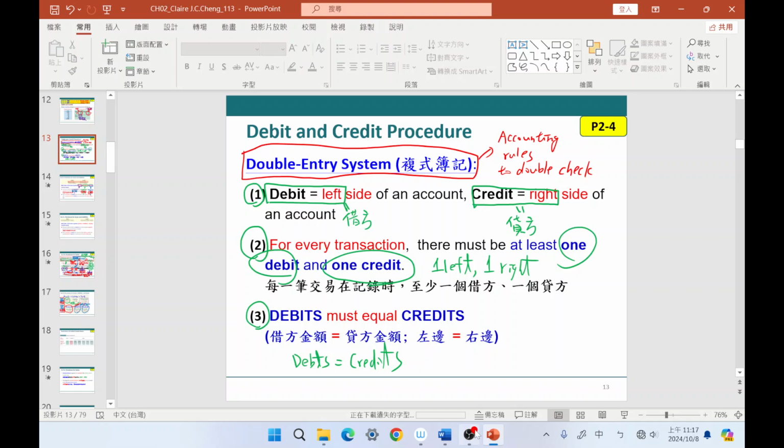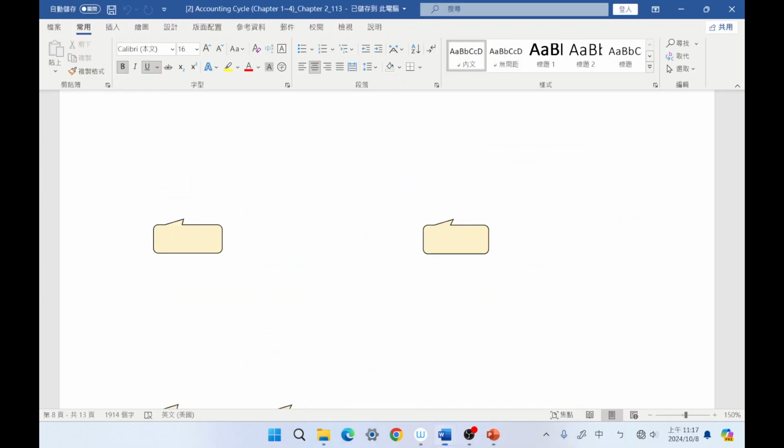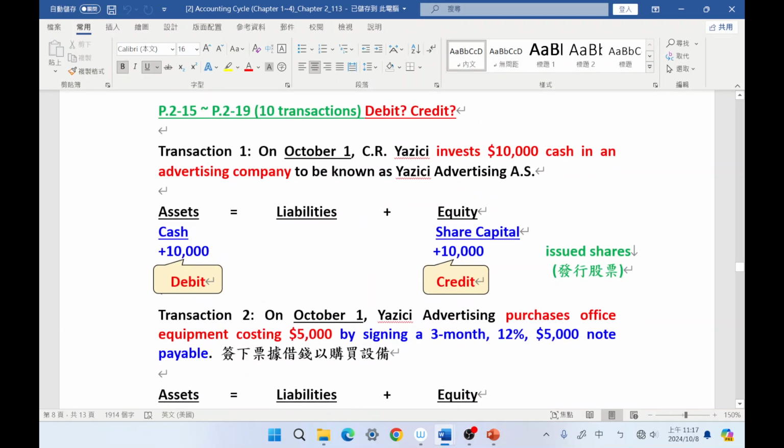So let's look at the answers we have for these 10 transactions. Transaction 1, did you find out? I have one debit, one credit. So did you find out your debit's number, $10,000, equal to credit's number, $10,000. So one debit, one credit. Debits equal to credits, okay?